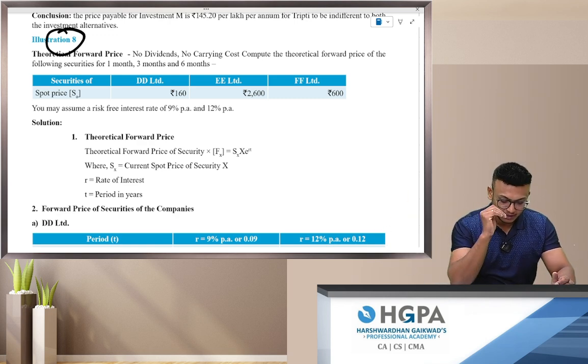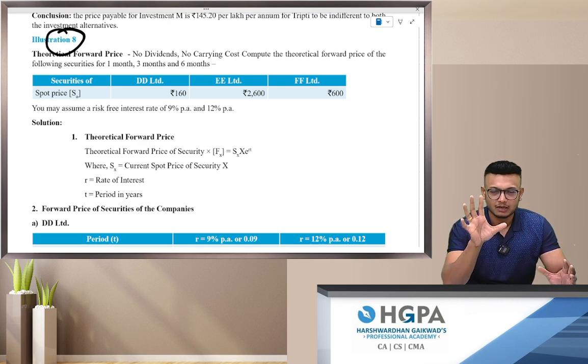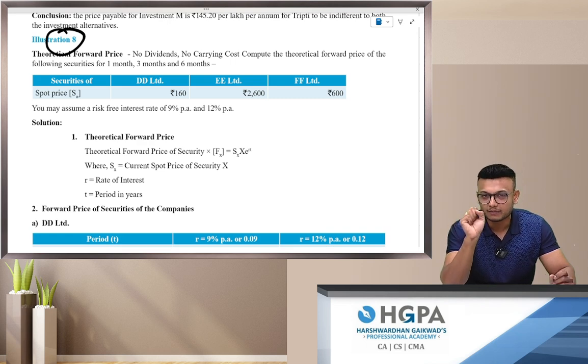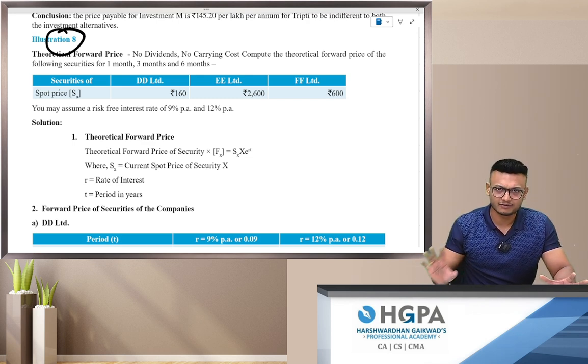Okay. Now, second point. Like I think all the people watching this video, CMA final students, everybody is in a position to do that 12 times formula of a calculator. Okay. If you do not know it, कुछ tension मत लो. I'll teach you in this video how to do that.